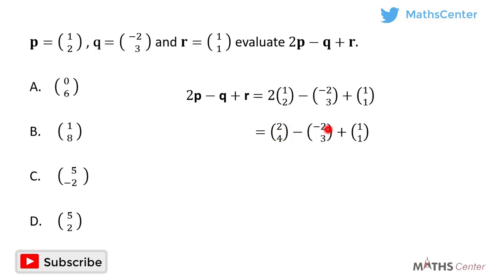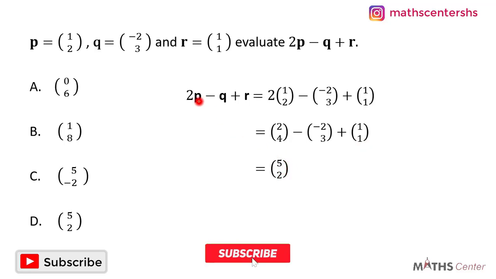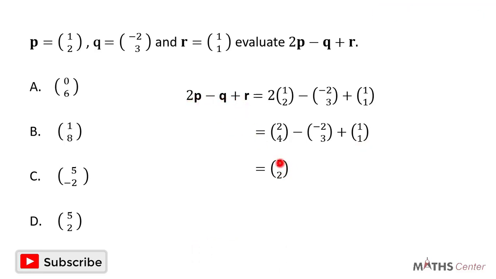So you have 2, 4 minus negative 2, 3, plus 1, 1. 2 minus negative 2 plus 1 will give us 5. 4 minus 3 plus 1 will give us 2. So it means that 2P minus Q plus R will give us 5, 2. When you look through the options given, you see that the correct one is D.